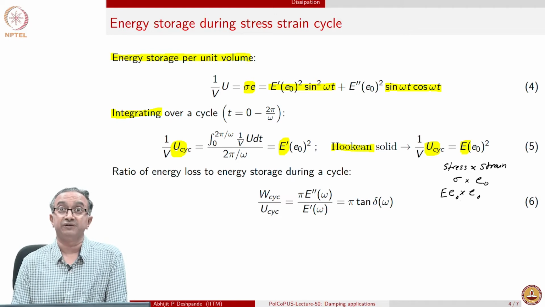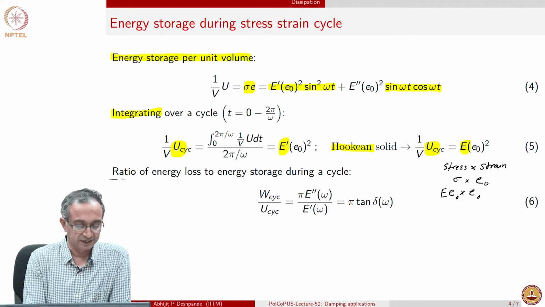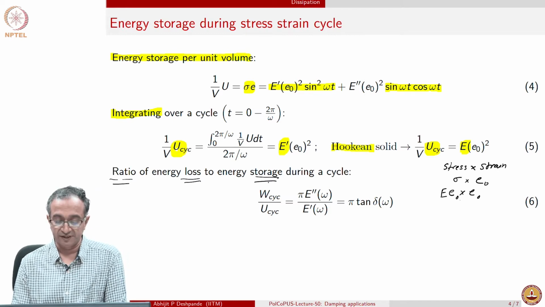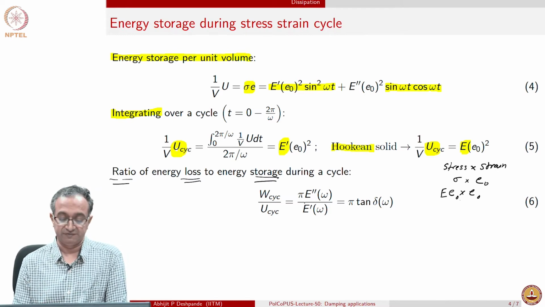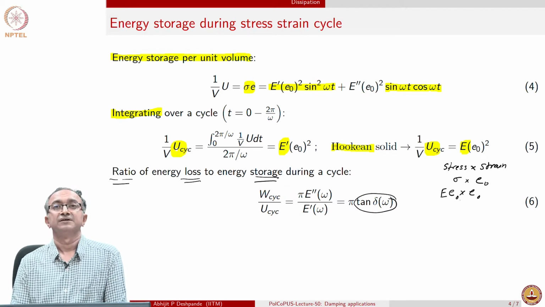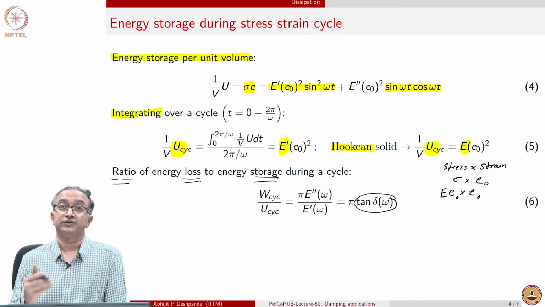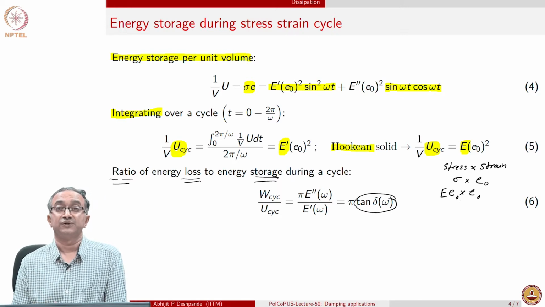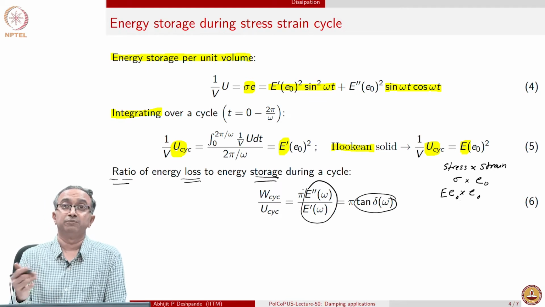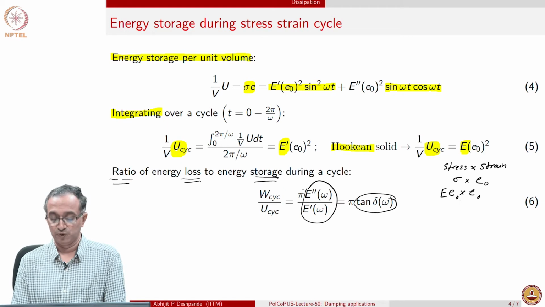And so, what is important for a damping material is to see the ratio between the loss and the storage. And generally, given the expressions that we have got, this ratio of loss to storage is directly related to tan delta, which we have defined earlier, which is just the ratio of E double prime by E prime or G double prime by G prime for shear mode.